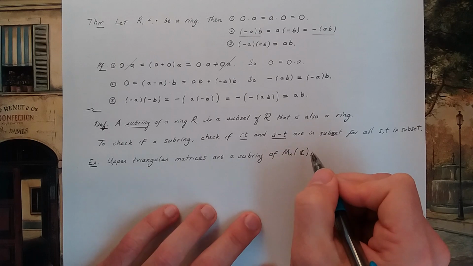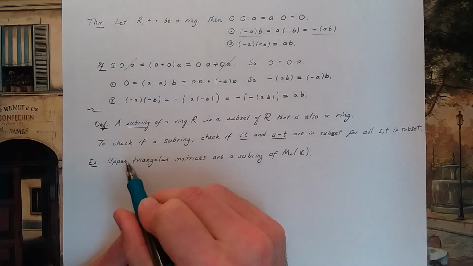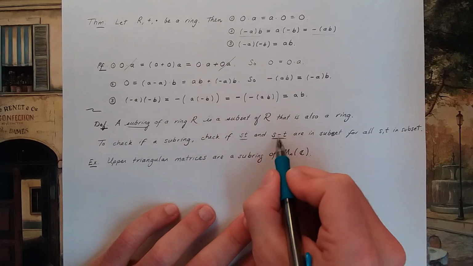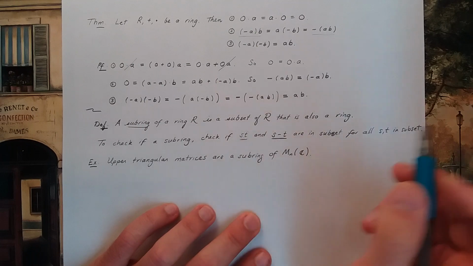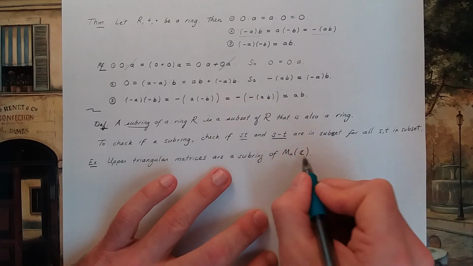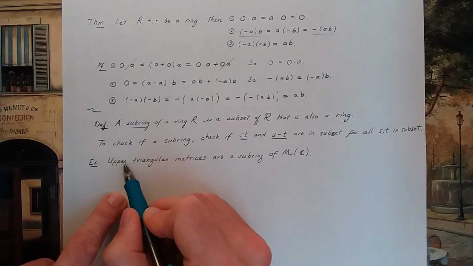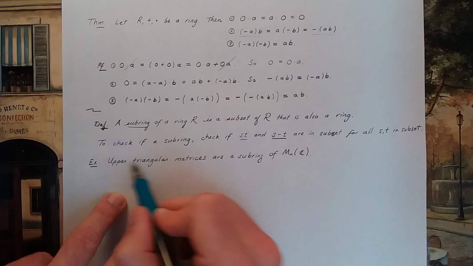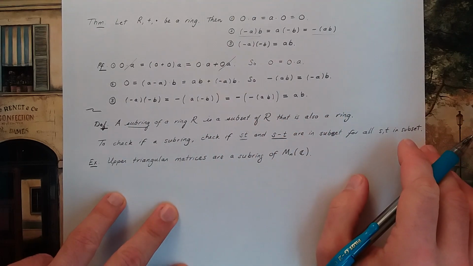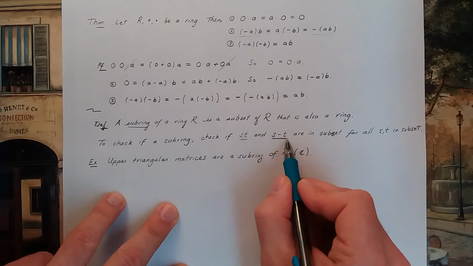It's a subring because when you multiply two upper triangular matrices, you get back an upper triangular matrix. And the difference or sum of upper triangular matrices is again upper triangular. So that's one example of a subring of n by n matrices. If I change that to, say, invertible matrices, it would not be a subring because invertible matrices are not closed under addition.